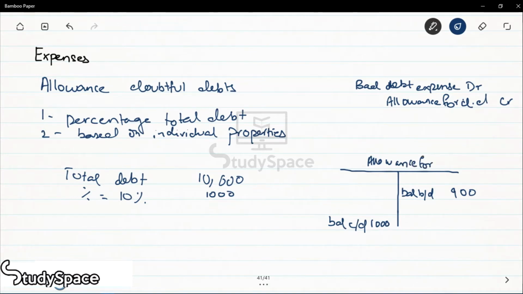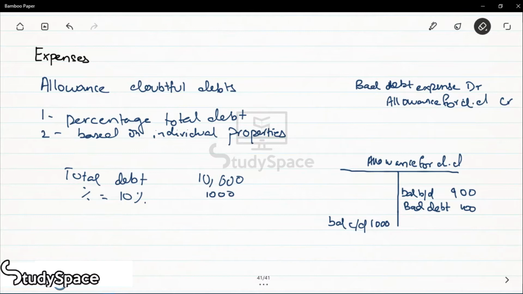We've studied the clear format in previous videos, so you can refer to that for a proper format of a T account. The difference between the two, that balancing difference, will become our bad debt expense, which will be charged and recorded into the income statement with such an entry that we have done here.